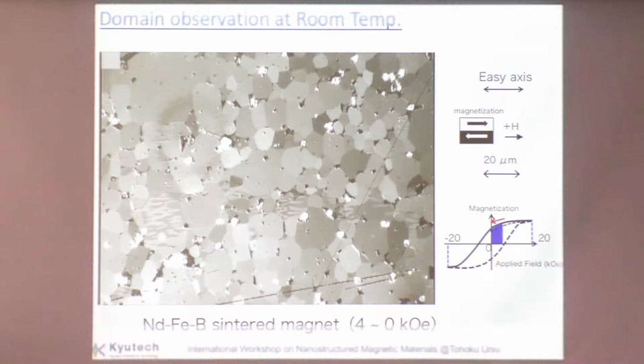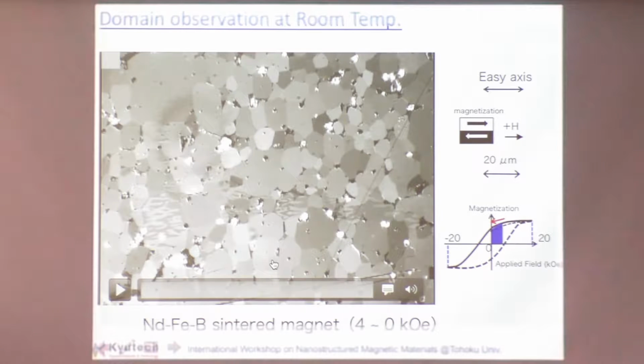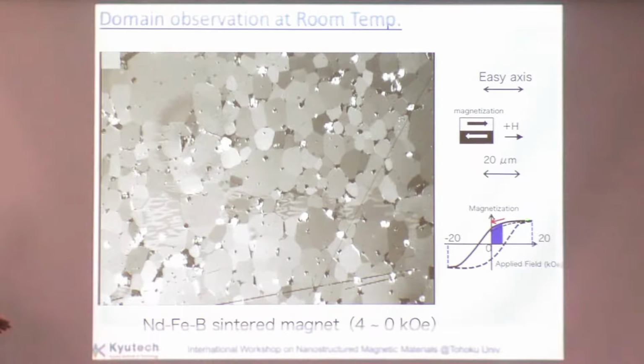Okay, I'd like to show you the movie of the domain observation result. In this case, the magnetic field applied to the magnet went from plus 20 kilo-oersted to minus 20 kilo-oersted, and we captured the domain movie from plus 4 kilo-oersted to 0.